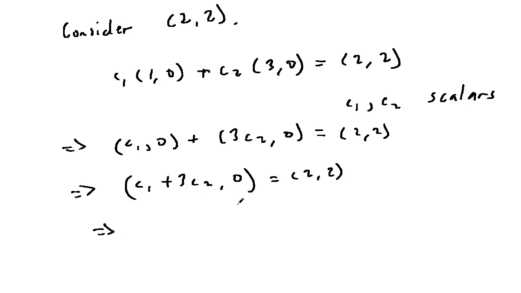And equating the coordinates, we get this. But here we have 0 equals 2, which is a contradiction.